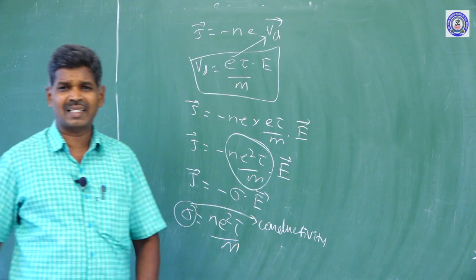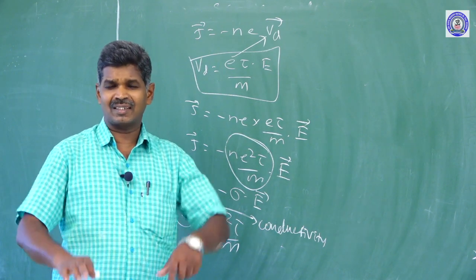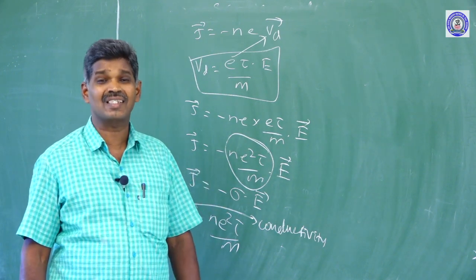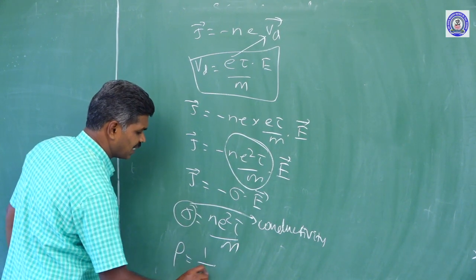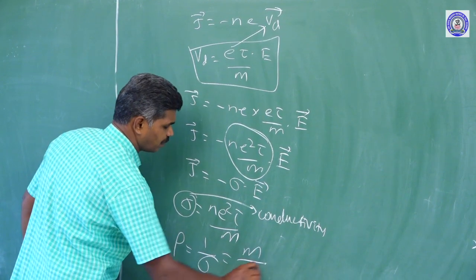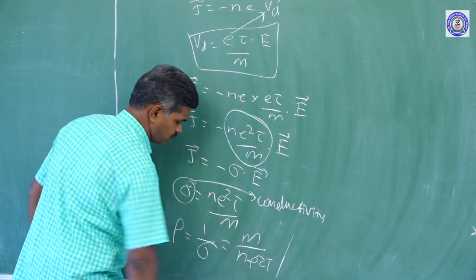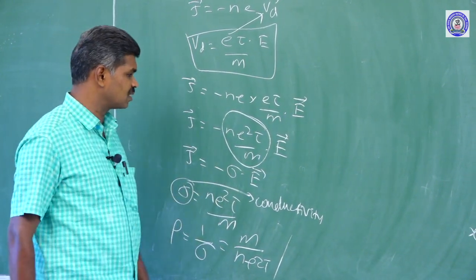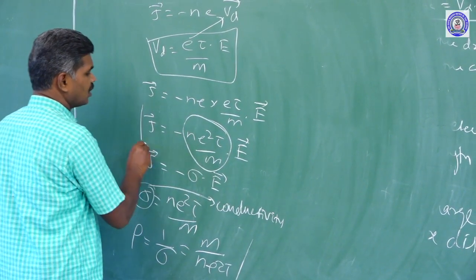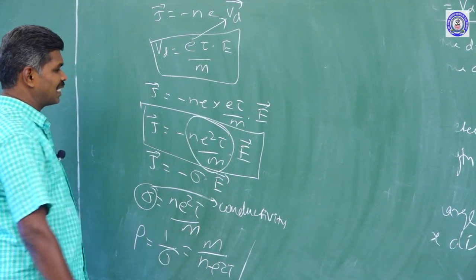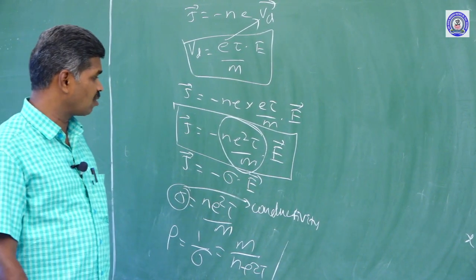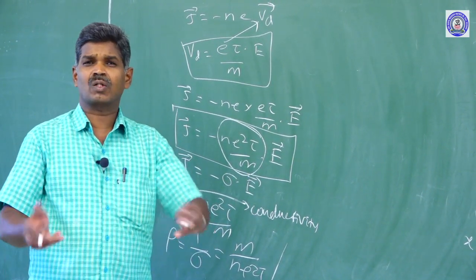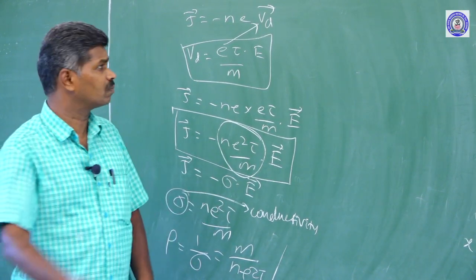Another factor is its reciprocal. The reciprocal of conductivity is resistivity, symbolized by rho. Rho is equal to 1 by sigma, that is m divided by n e squared tau. This equation, J vector is equal to minus n e squared tau by m into E vector, is called the microscopic form of Ohm's law.